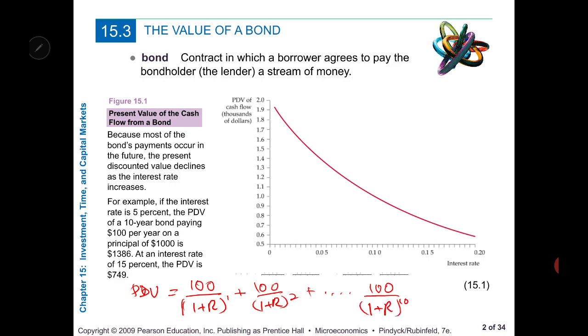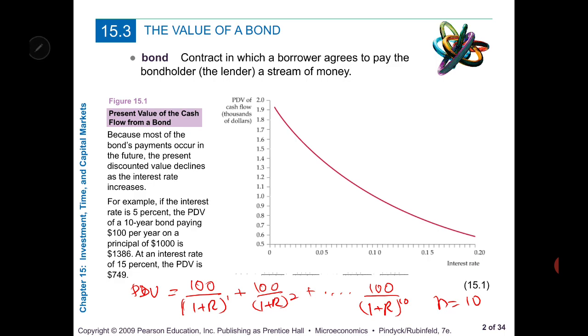Let's say the last year is 10, n equals 10. So it all depends on the R rate that you're going to get.